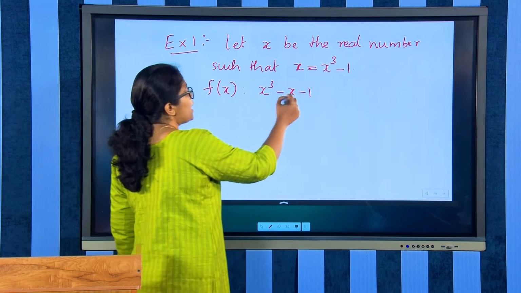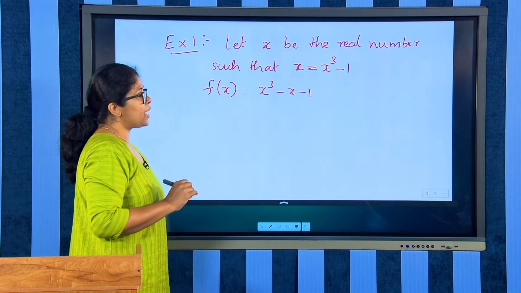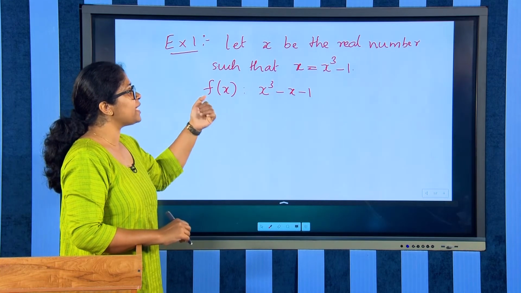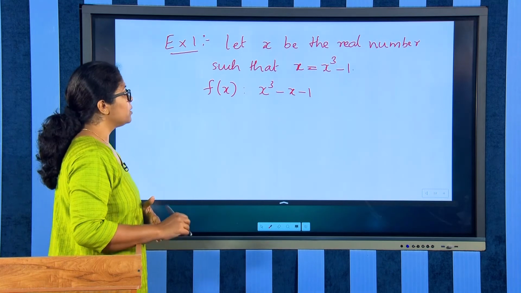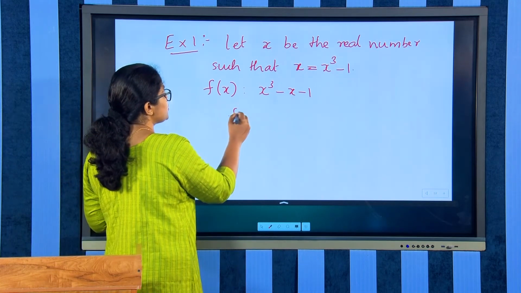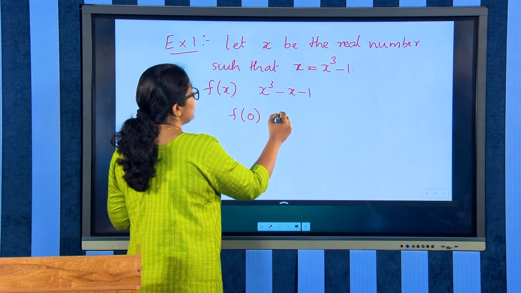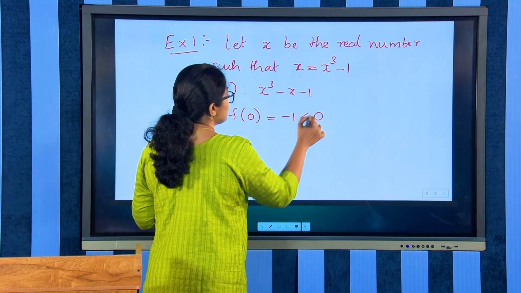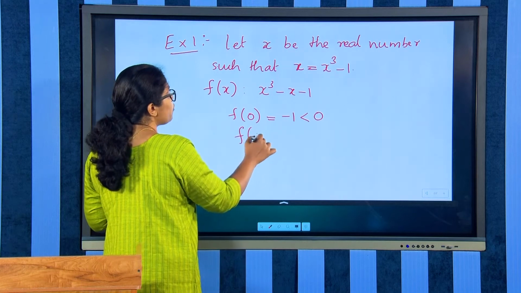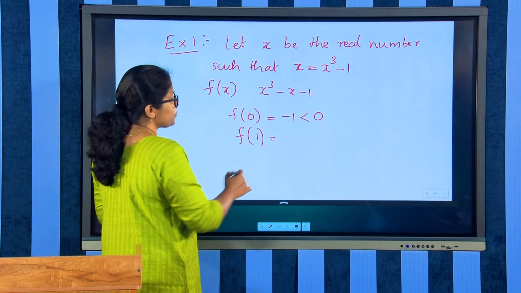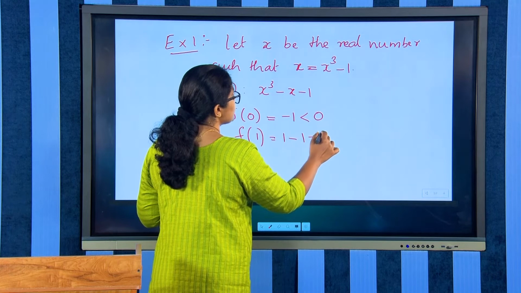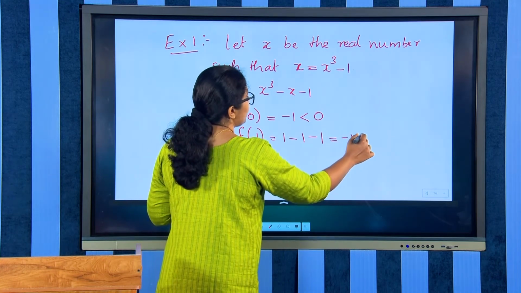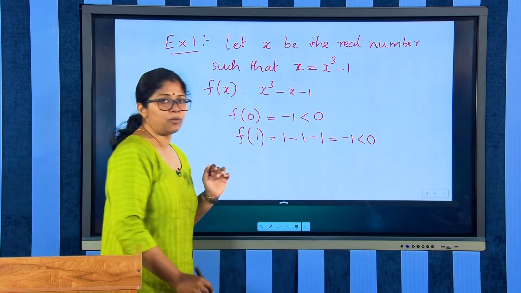So, look at the expression f of x and think of suitable values which make it negative. We can see that f of 0 is negative 1, which is less than 0, and f of 1 is 1 minus 1 minus 1, which is also negative 1, less than 0.